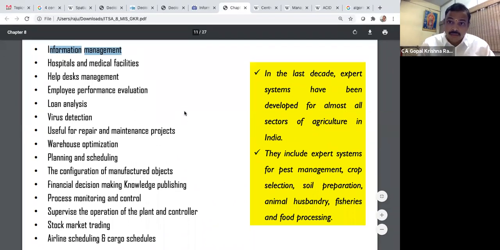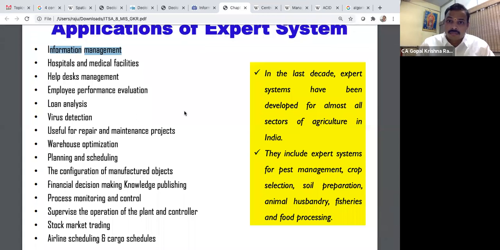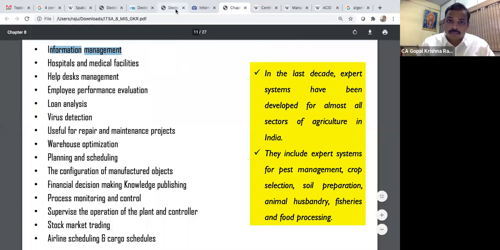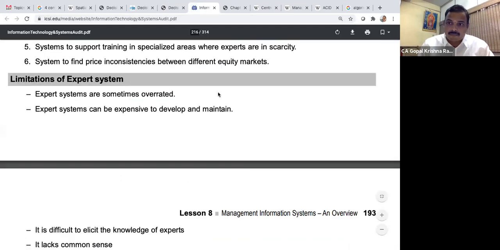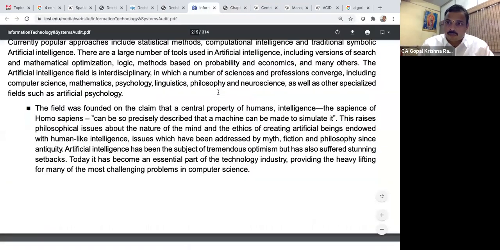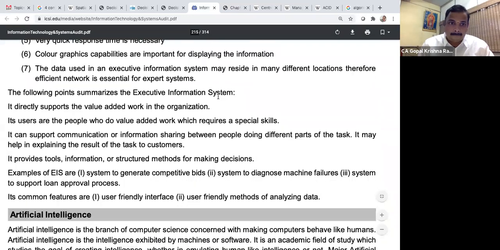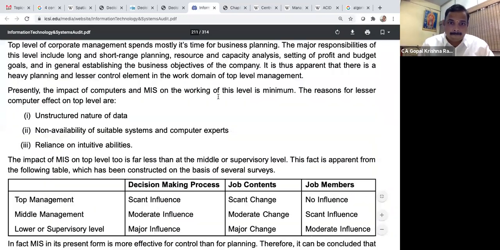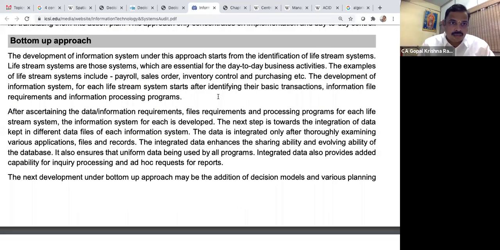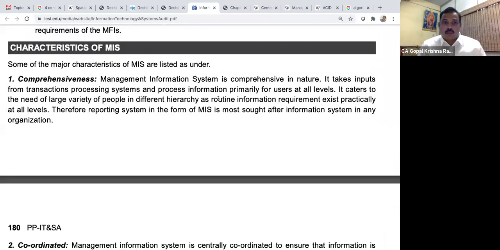Please look here, guys. These are all the characters. This is an exam question. So what are the major characters?